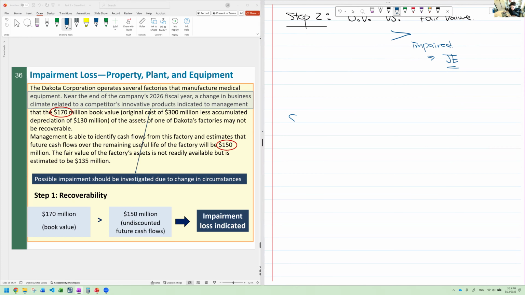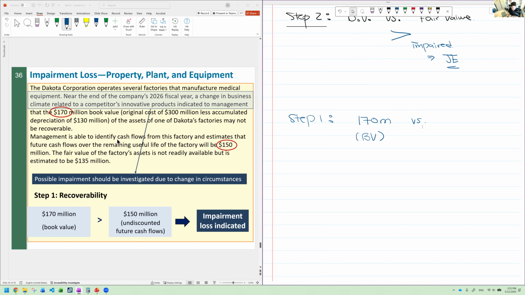Scrolling down. In step one, the book value is $170 million. Compare that against the undiscounted cash flow, the amount of cash that the company expects to collect or make from utilizing this asset.